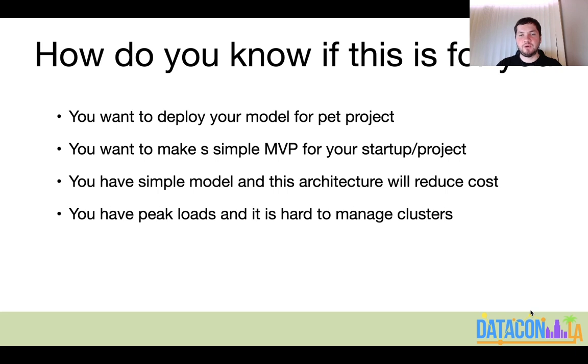If you have a simple model, then this architecture will reduce cost, because it has zero idle time, it can adjust to your load and it may reduce your costs. And finally, if you have peak loads and it's hard to manage clusters, in this case it would help you because Lambda can scale very well and it can handle 10,000 parallel requests without any problems.